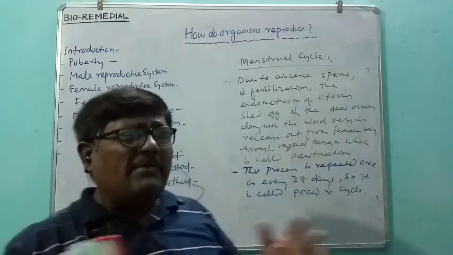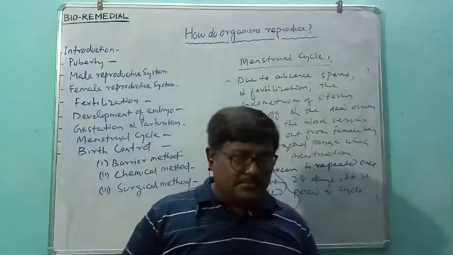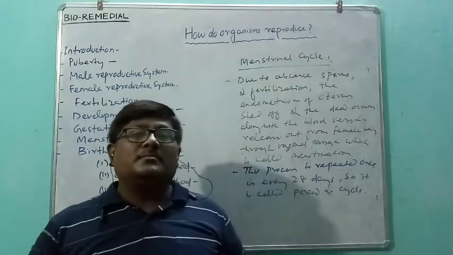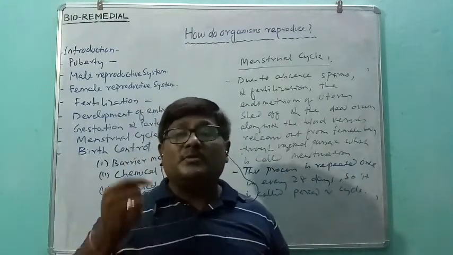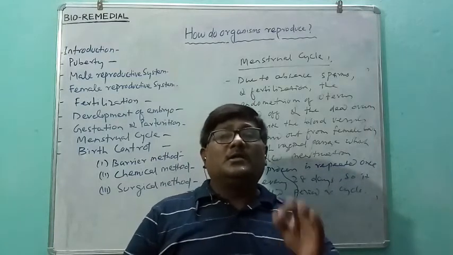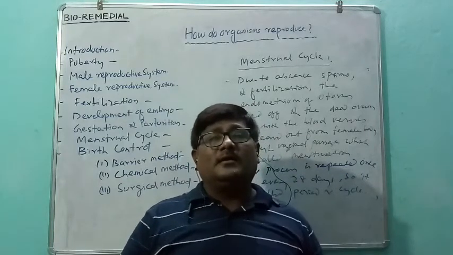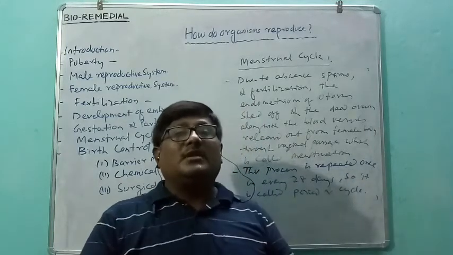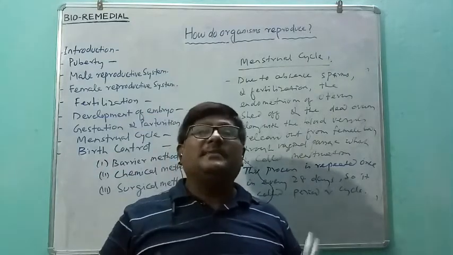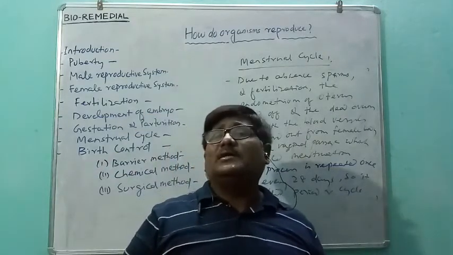I will explain one very short thing: the date of menstruation is counted as the first day. Then after menstruation, what will happen? The ovary has many thousands of immature ova.